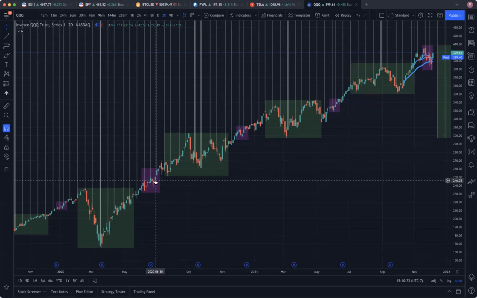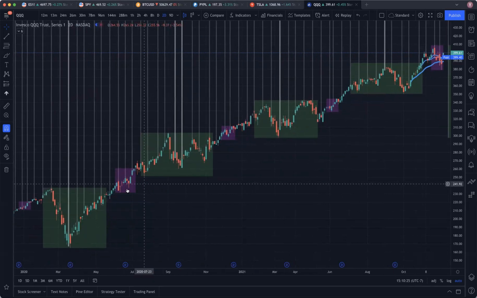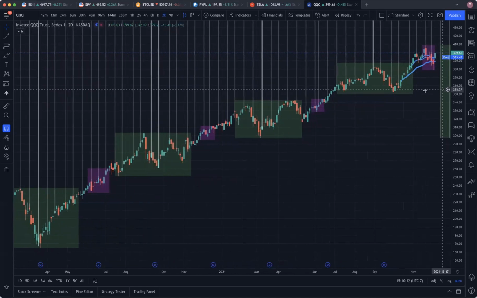Here we are in June of 2020, and we had a couple of very strong up days near the end. And right now in 2021, we had a strong push down that ended on December 4th or so, and now we're in a new strong push up. So lots of up and down in the purple periods, lots of volatility.